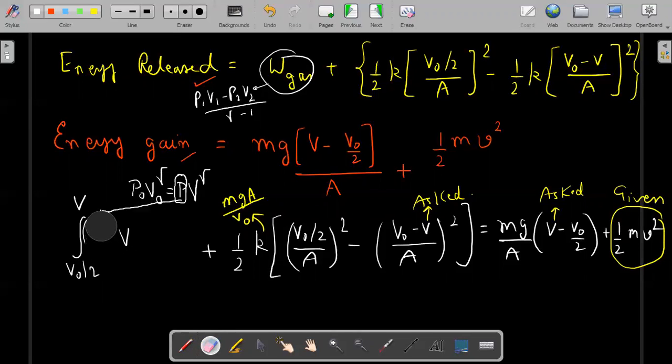We will have P naught V naught raised to the power gamma divided by V raised to the power gamma, and then dV. You can take P naught V naught raised to the power gamma out of the integration because it is constant, and you are left with dV over V raised to the power gamma, which is a very simple algebraic expression to integrate with limits V naught by 2 to V.